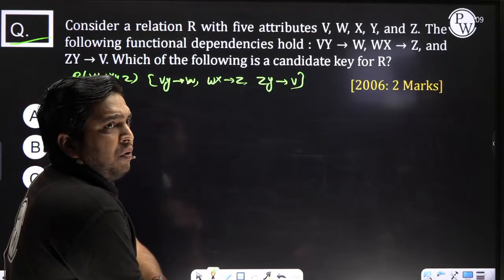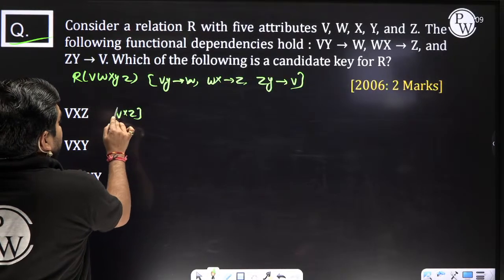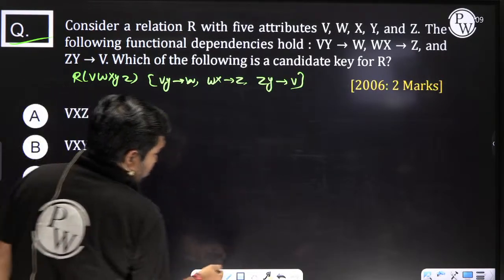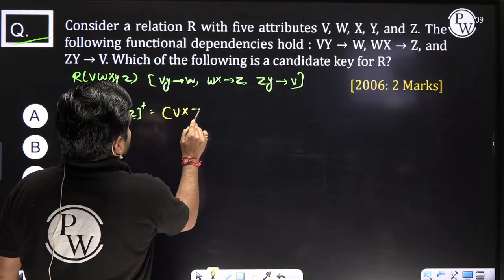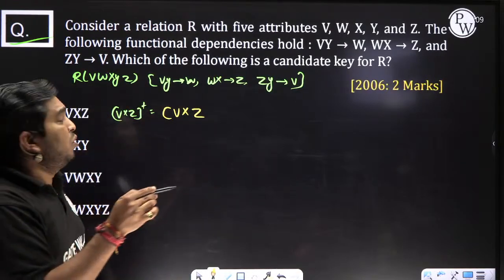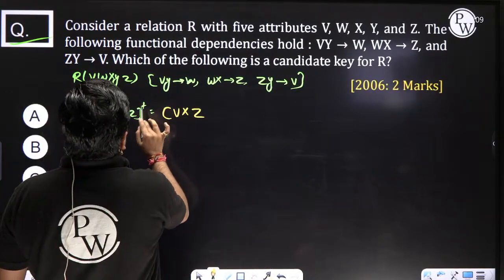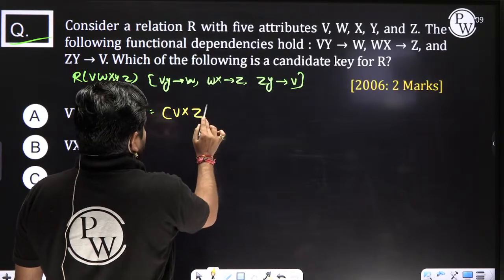Now listen everyone. First of all, take the closure of X. When we take the closure of Z, what are we getting? XZ. Anything more, my dear? VXZ. Anything more? Here VY, here WX, here ZY.